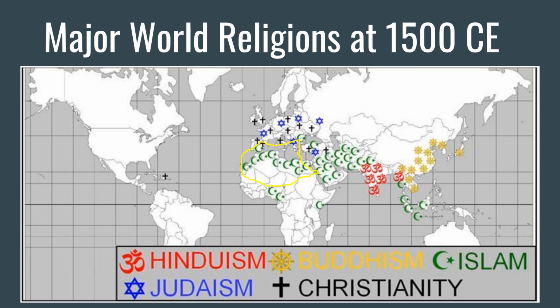Buddhism, in yellow over here, spreading as a result of the South China Sea trade routes. Judaism, spreading because of the Mediterranean trade routes, and Christianity as well. So all of these religions and ideas spreading because of these trade routes.